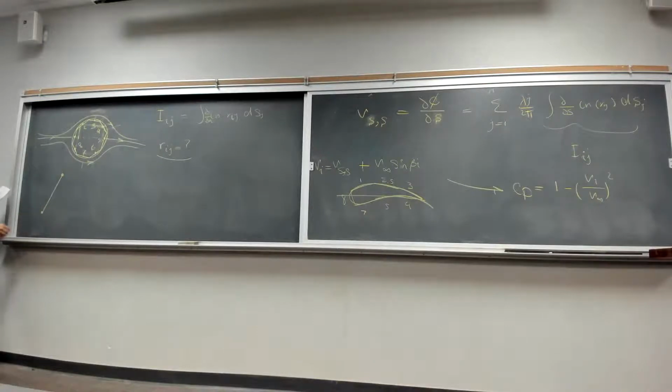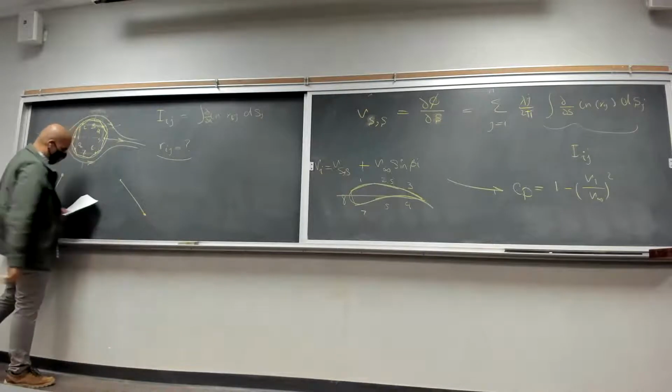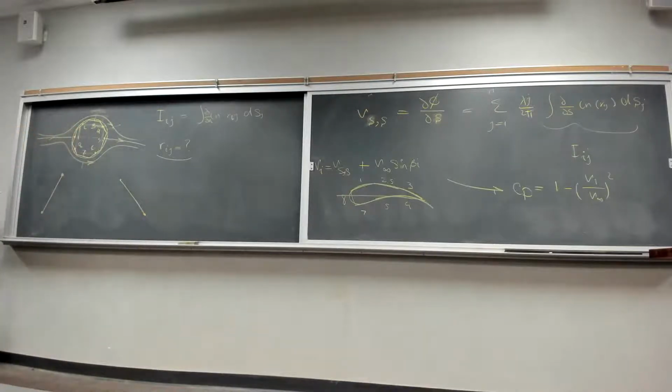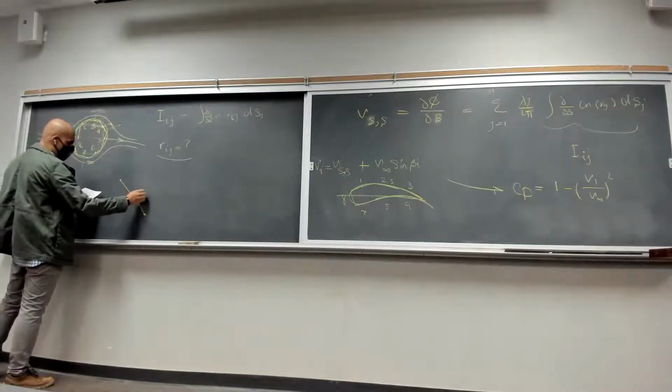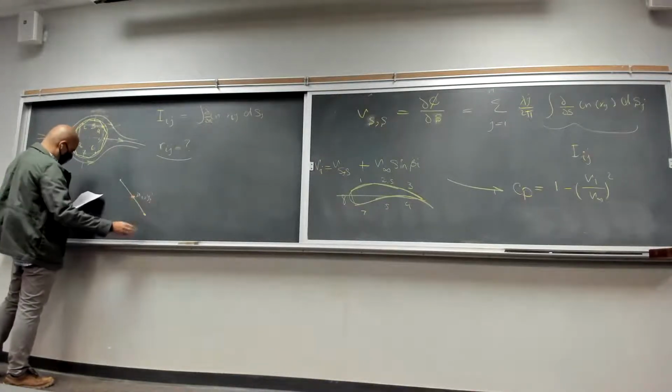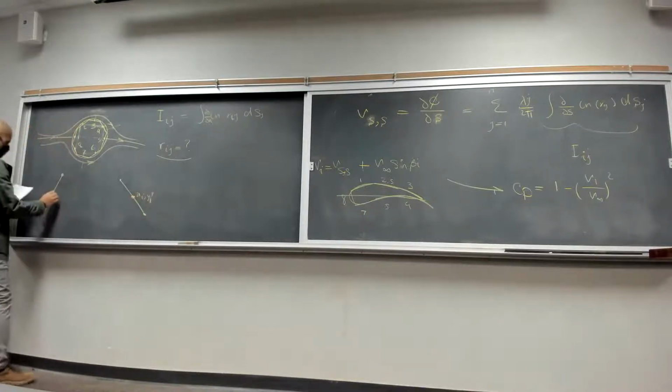Let's take two of these panels, two random panels. We have the center points. Let's call this point xi and yi. This is your I panel, and here we are going to have xj and yj.